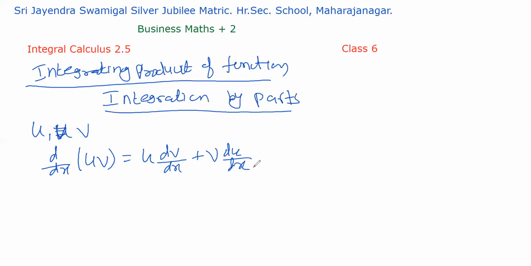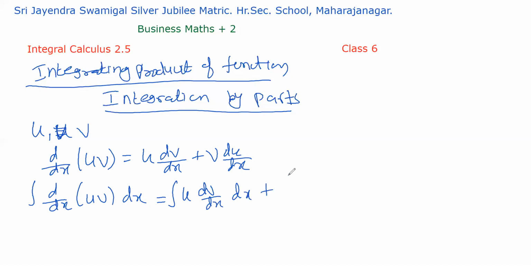Now integrating on both the sides, we have the integral of d by dx of uv with respect to x, dx, equal to integral of u dv by dx plus integral of v du by dx into dx.